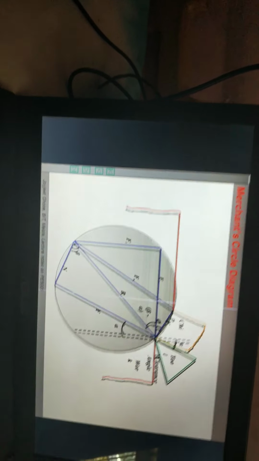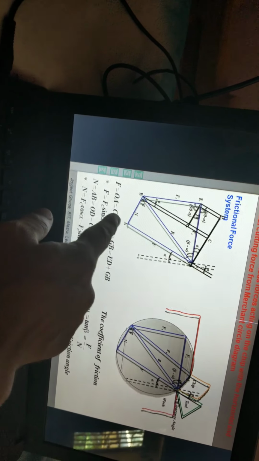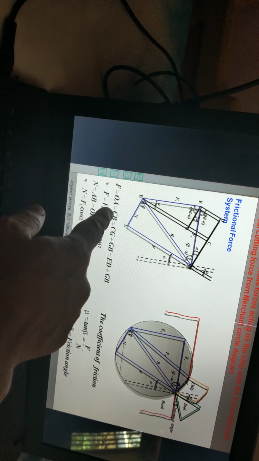Now, with the help of this relationship of various forces acting on the chip with the cutting forces in the Merchant circle, if we see this frictional force system, F is equal to OA is equal to CB.